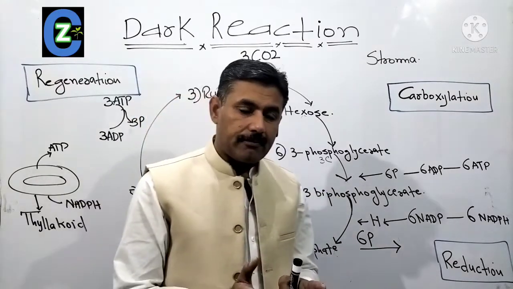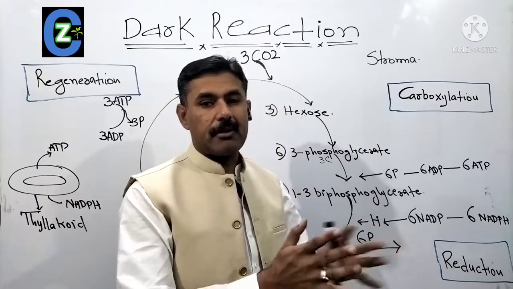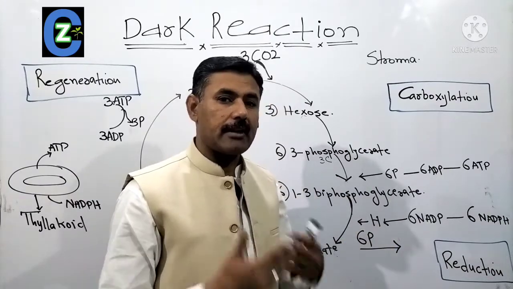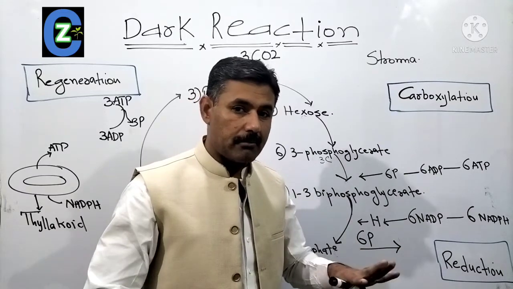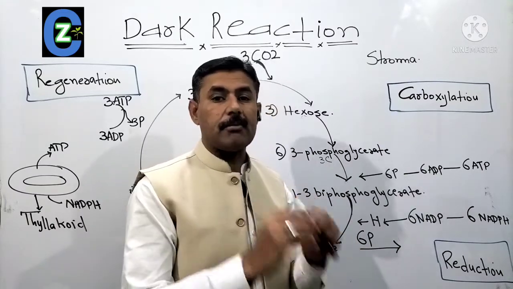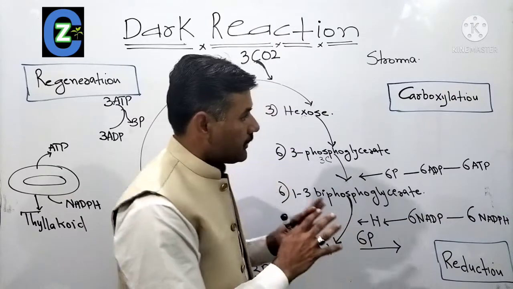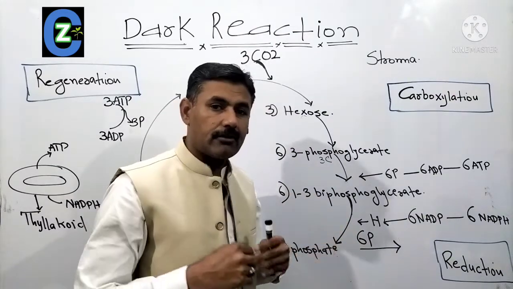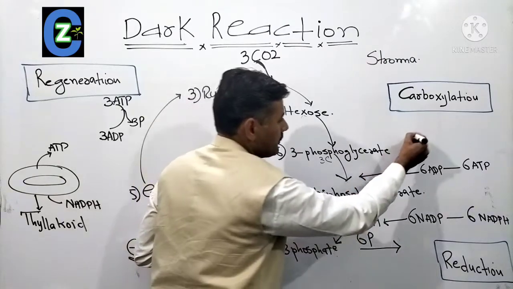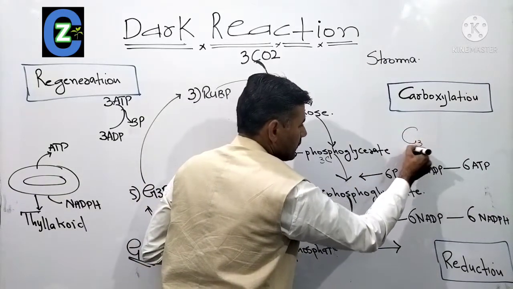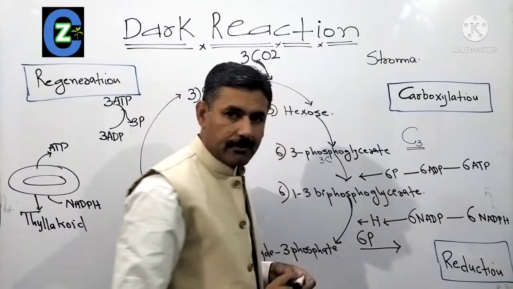As we have studied, during dark reaction, when carbon fixes, it first produces an unstable molecule, and later when it breaks, it produces a stable molecule. If the stable product of dark reaction contains 3 carbons, we term these plants C3 plants.